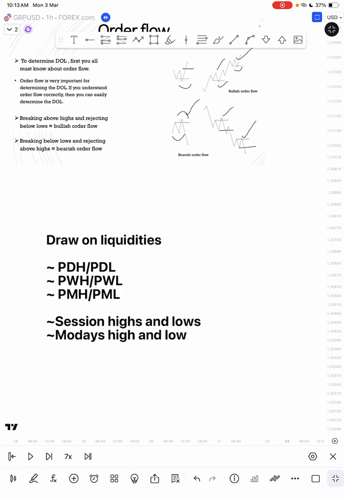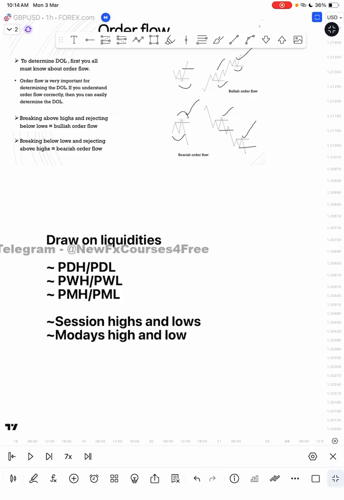If your draw on liquidity is previous week high, you can position yourself on the daily CRT and target your previous week high or low. For previous month high, you can position yourself on the weekly CRT.